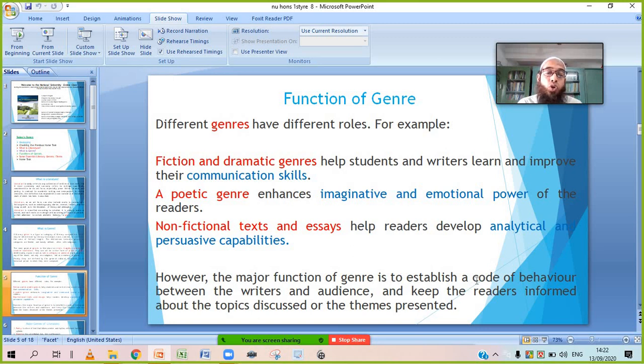We told you before in the previous class, can you remember, that the writer is a transmitter and the reader is a receiver. So when a reader is reading the text of any author, there is a development of a code of behavior between the writer and the reader. There is a liking and disliking among the readers about the writers or authors.